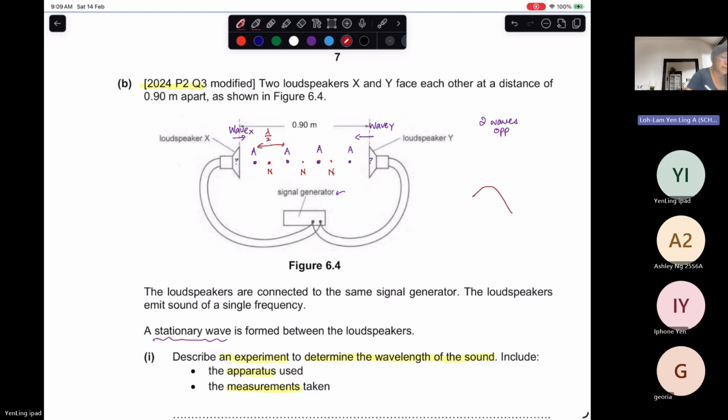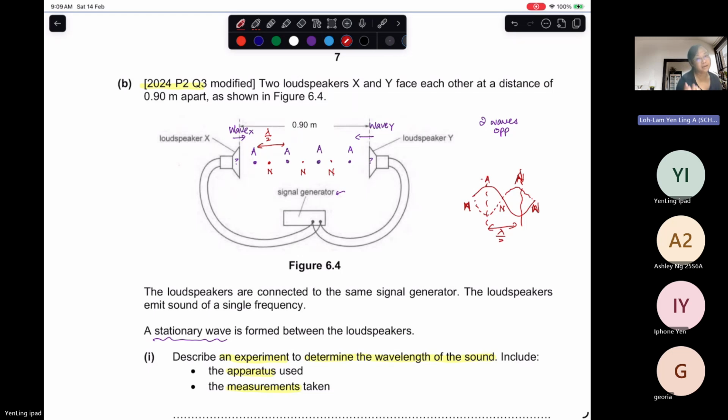So if you cannot remember, you can draw the displacement versus position graph of the air molecules. So this is a node, this is a node, this is a node, and then this is an antinode and antinode. And you'll be able to tell that in between two antinodes is lambda over 2, or in between two nodes is lambda over 2.